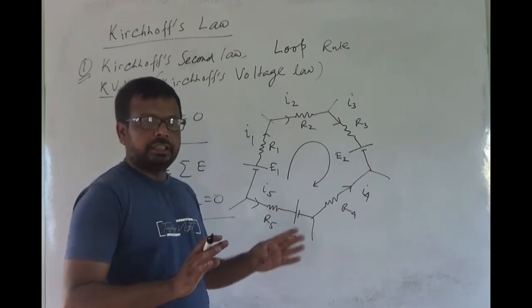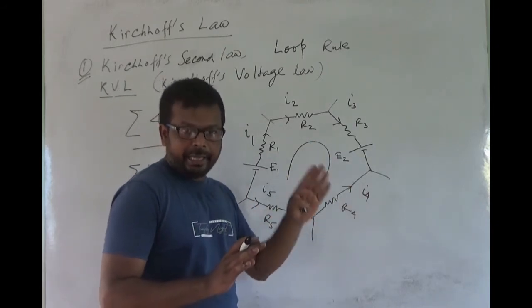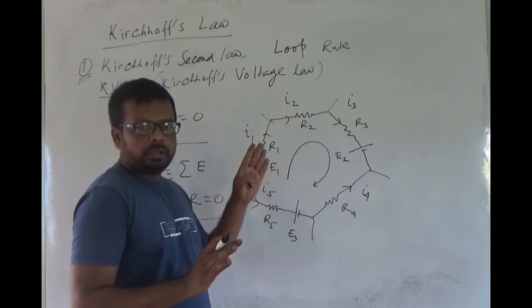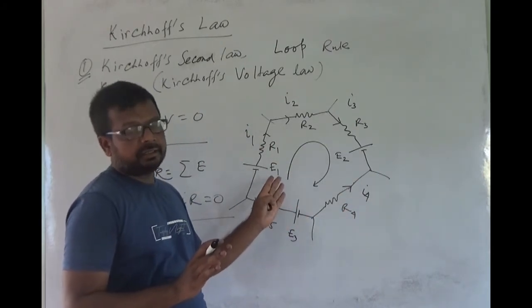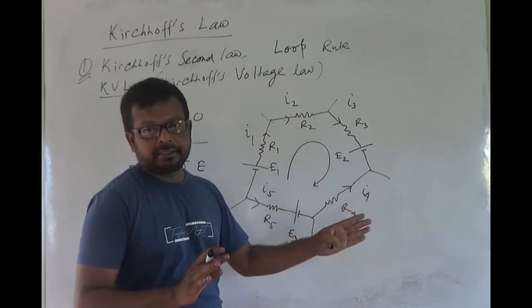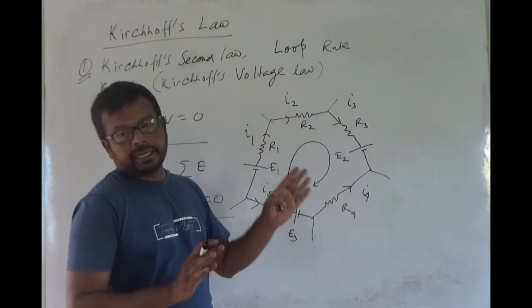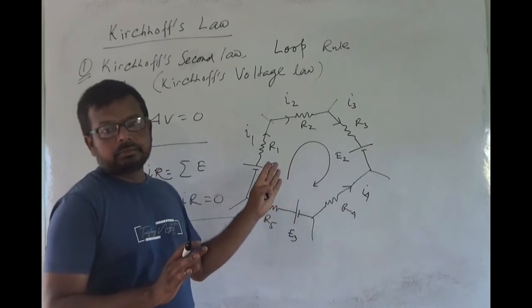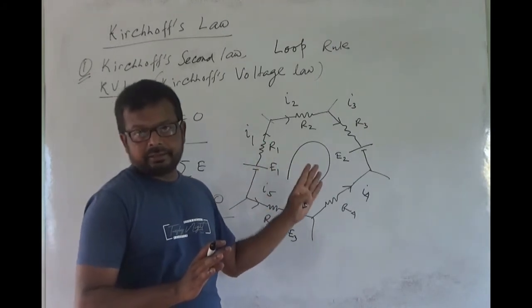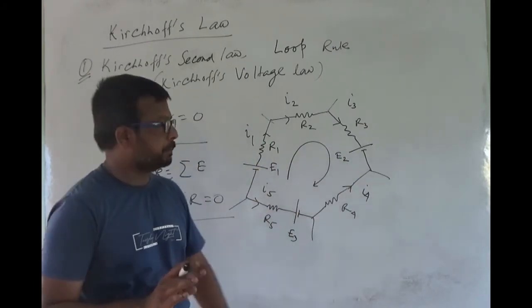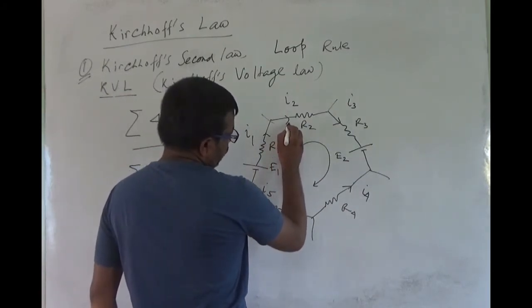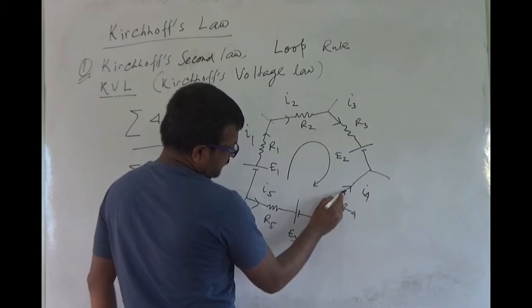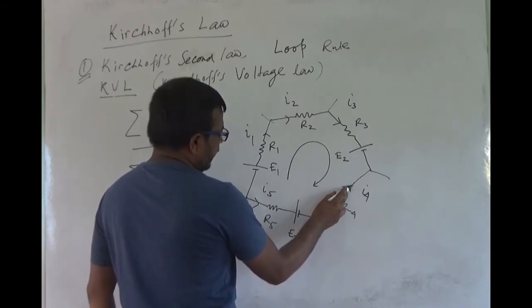But if an EMF produces current in the opposite direction, or provides current in the circuit in the opposite direction, then the EMF of that cell is taken as negative. Now see here, this current will be positive, this current also positive, but this current will be taken as negative.